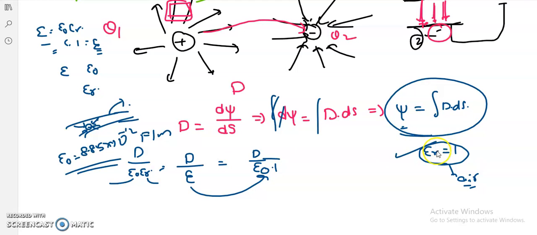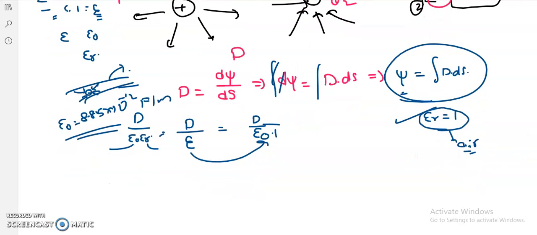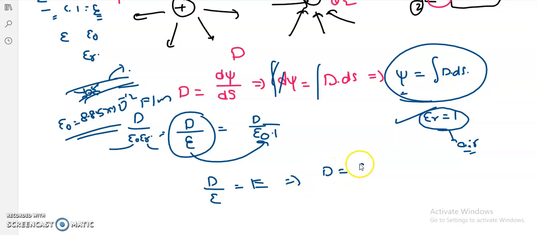So remember this one, the relative permittivity of air is equal to 1. And why am I speaking here about the ratio between the flux density and the permittivity? The ratio between the flux density and the permittivity is equal to the electric field intensity or electric field strength, which is represented with the capital E. And now D, that is the electric flux density, can also be given as epsilon into capital E, or completely as epsilon naught into epsilon r into E, where epsilon naught is the permittivity of free space and epsilon r is the relative permittivity of the material.